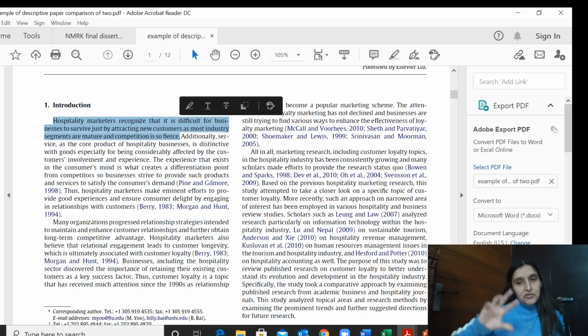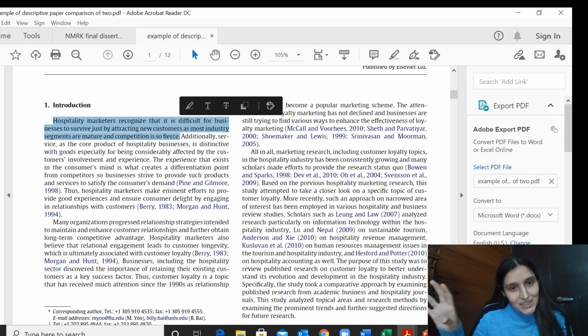So all those 5-6 lines that this person has said just before bringing in that medicine is what you have to do in the introduction. You have to exaggerate the problem and say, listen, it's a very, very big problem.